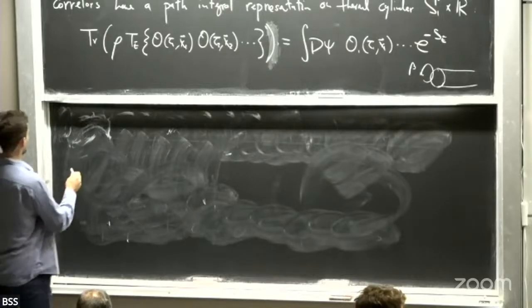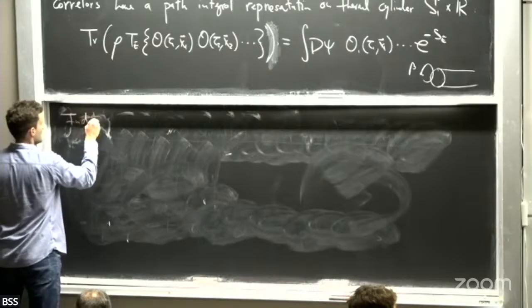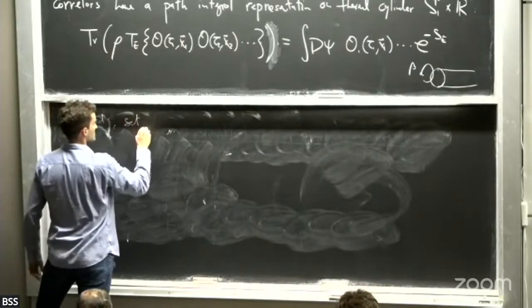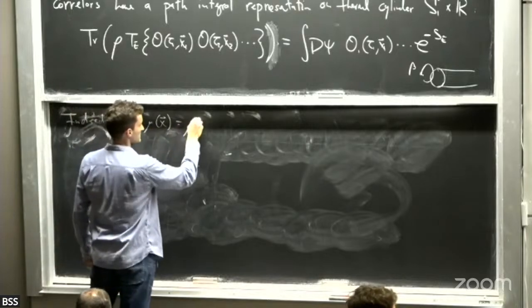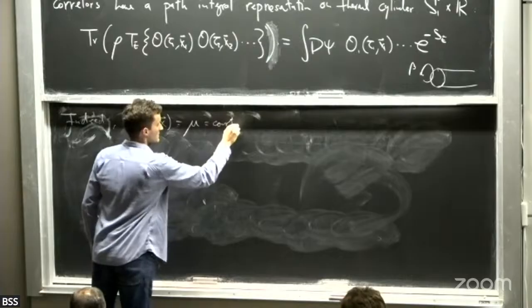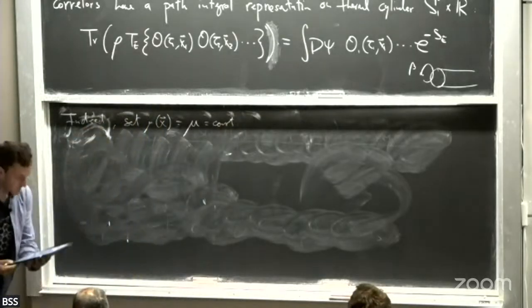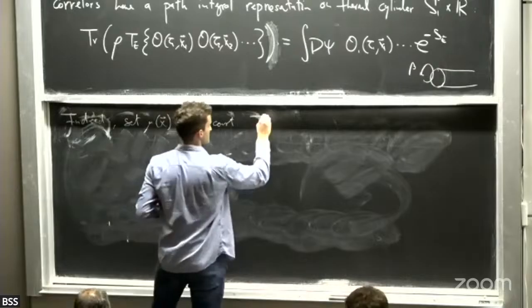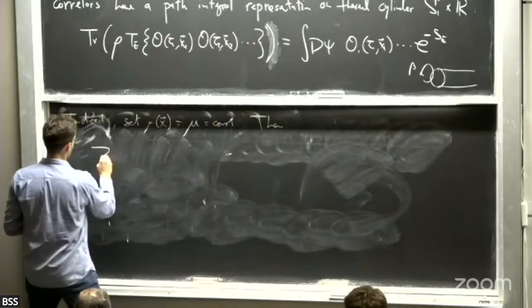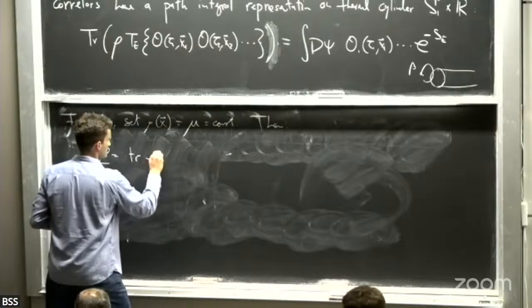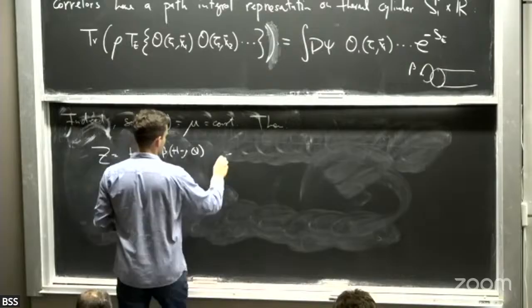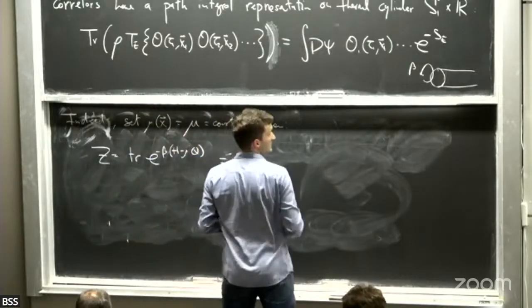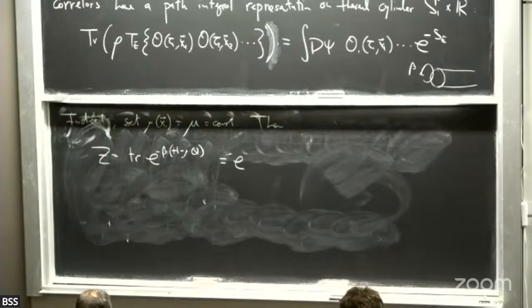To see that it's pressure, let's consider just the simpler situation where we set our probe field to be constant. And in this case, all the higher derivative terms in the thermal effective action die because mu is 0.